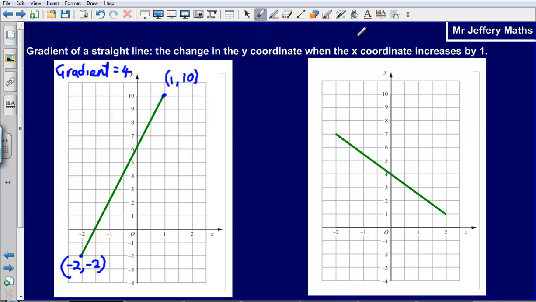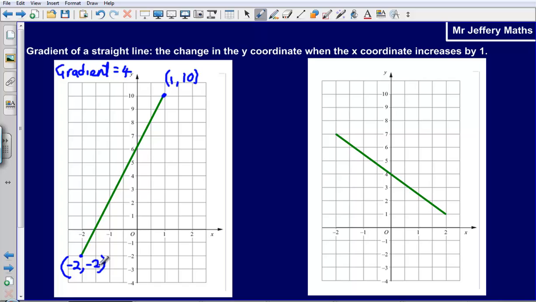So now all that I need to work out is how much the y coordinate is going up by each time the x coordinate increases by 1. Again, the same idea, but we're going to think of it slightly differently this time, because actually the x coordinate, to go from minus 2 up to 1, is 3.